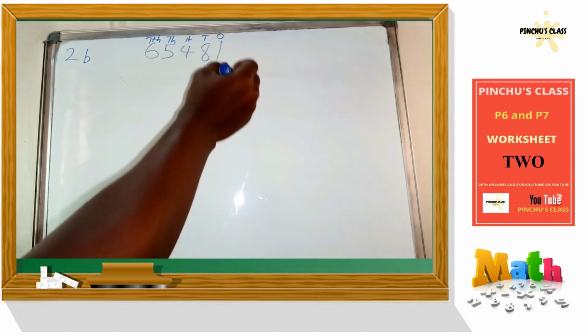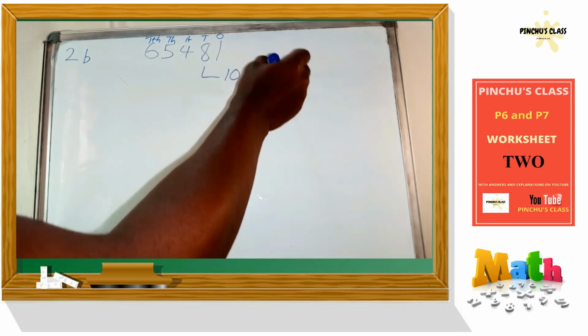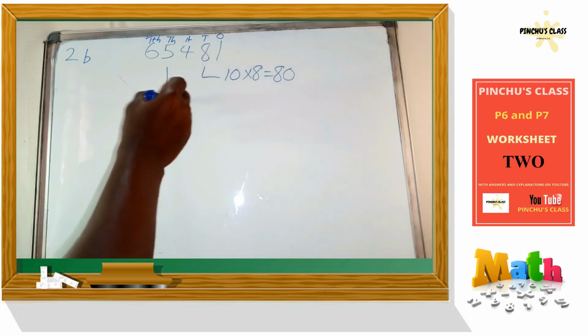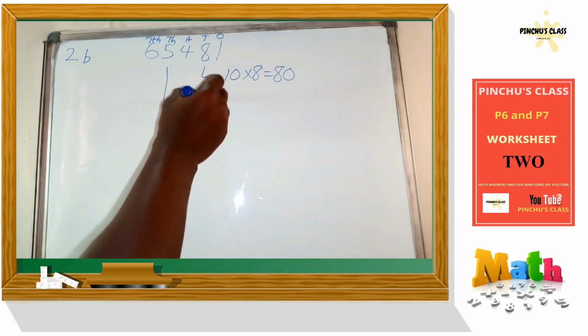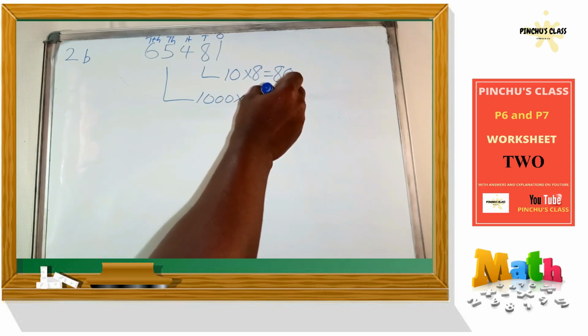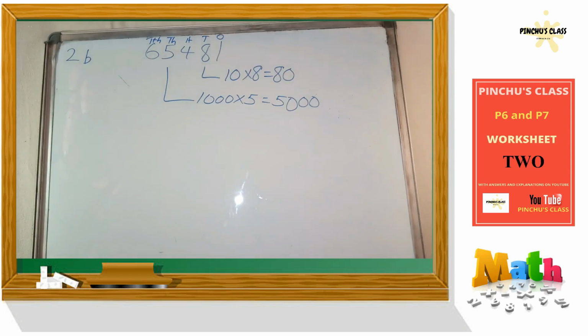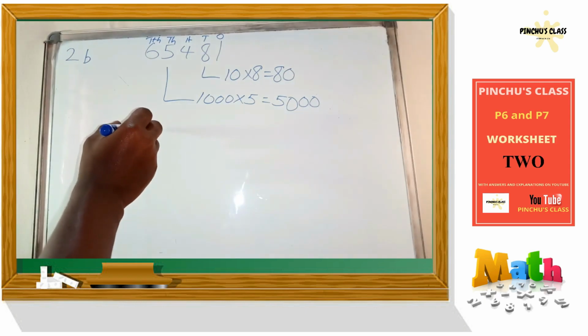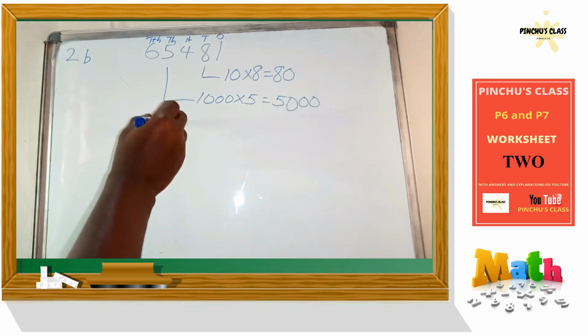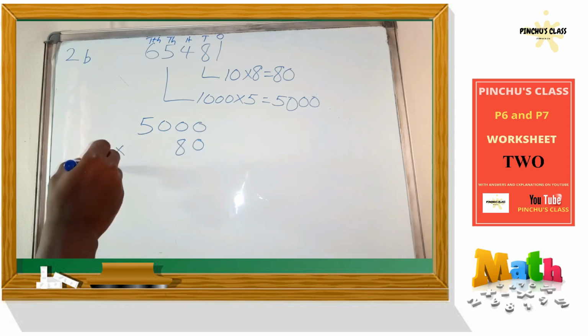So the value of 8 is 10 times 8, which is 80, and then the value of 5 is going to be 1000 times 5, which gives us 5,000. But remember, they have told us the product is the same as multiplication, so we have 5,000 times 80.